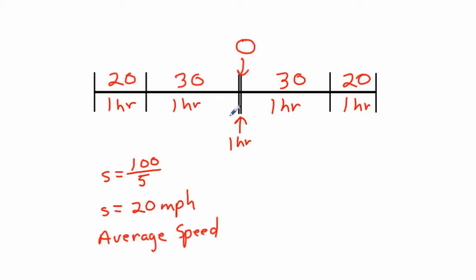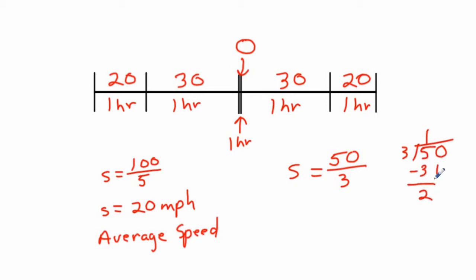We can also do that with any number of the segments. So if I take, let's say, these 3, and I go 20 plus 30 is 50, plus 0 is 50 miles. And I drove that in 1, 2, 3 hours. That will give me my speed if I divide 50 miles by 3 hours. Let's do that over here. 3 goes into 5 one time. 1 times 3 is 3. 5 minus 3 is 2.